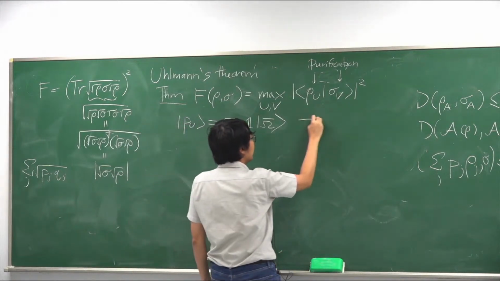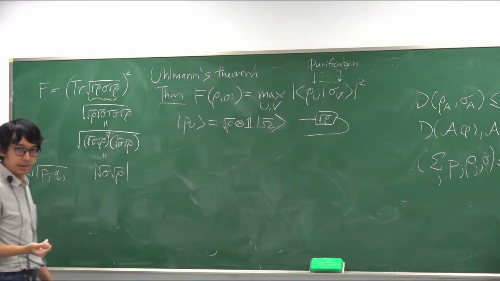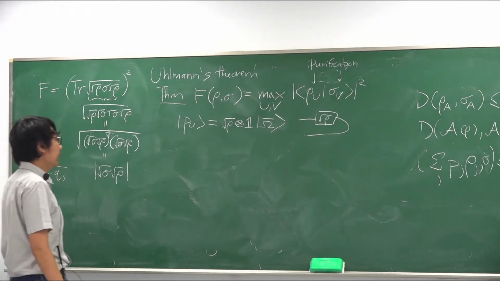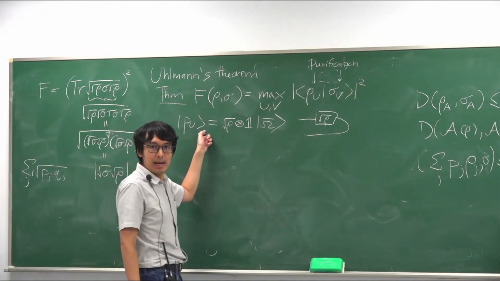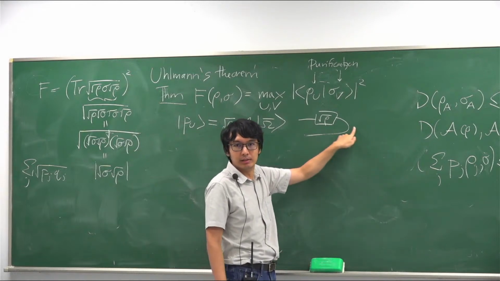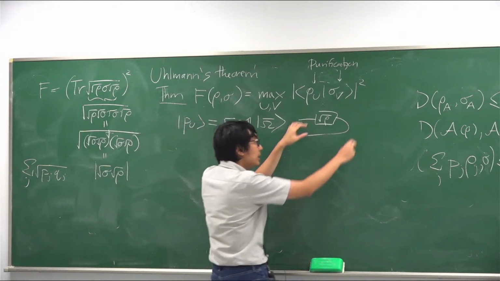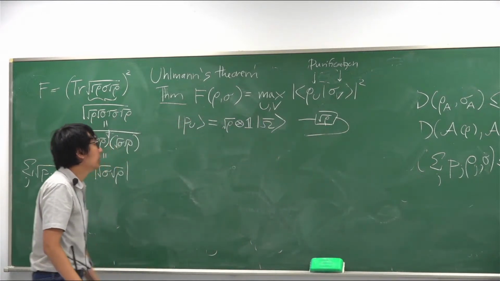If you remember the tensor diagram, this is the purification, because if I form the density operator and then trace back, I will just join the wire here, and then the two copies of square root of rho will come together and combine to rho.